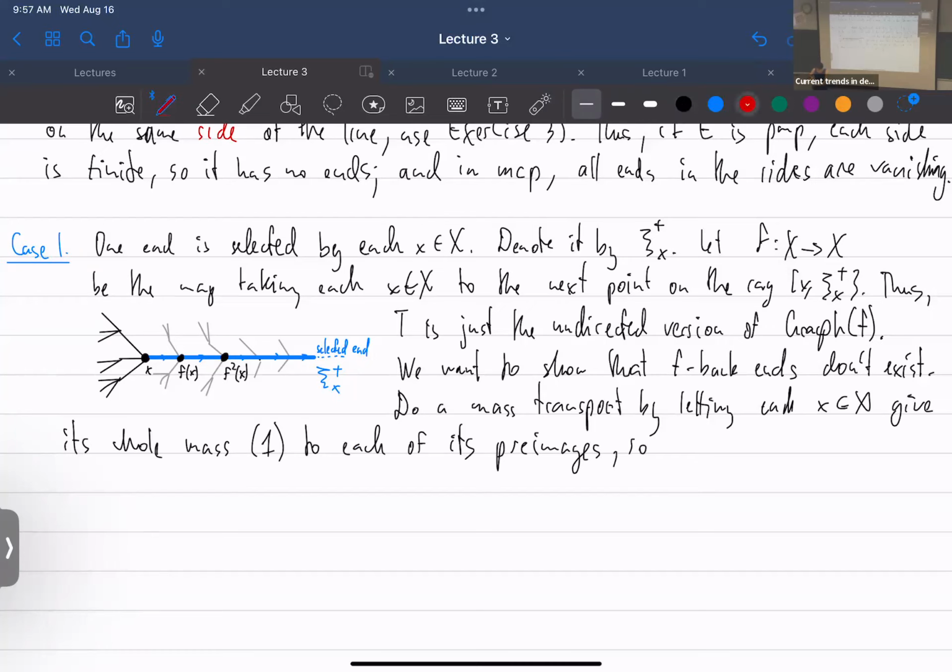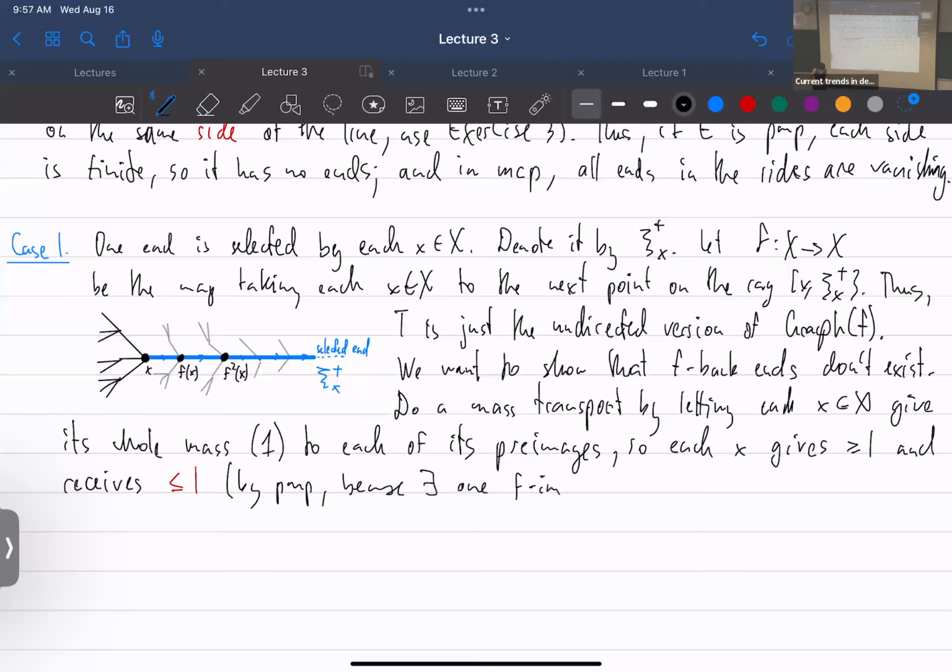I'm going to write this in red because this is where we use PMP. So each x gives greater than or equal to 1 and receives less than or equal to 1 by PMP, because there is only one forward image, the f image of x.